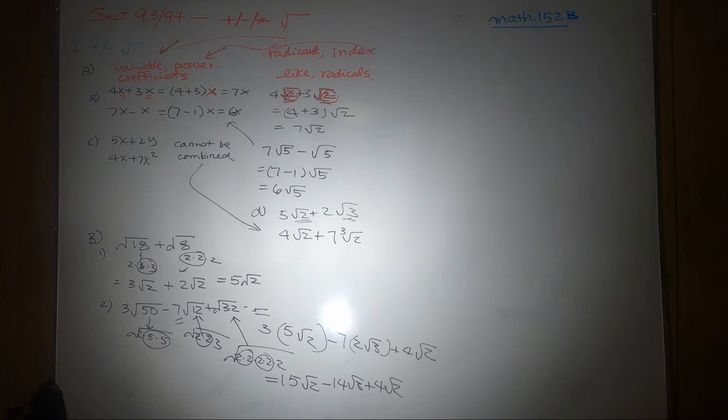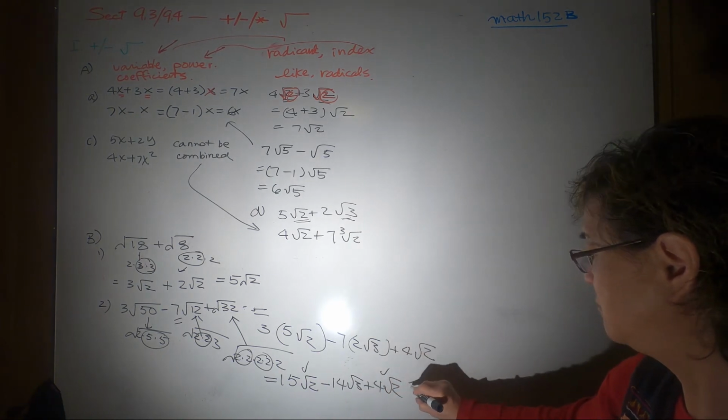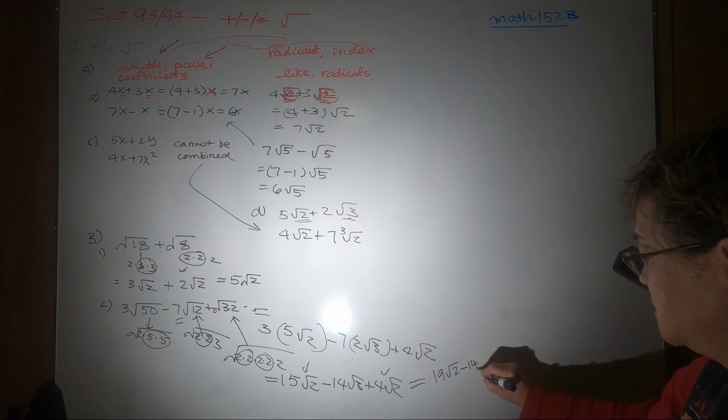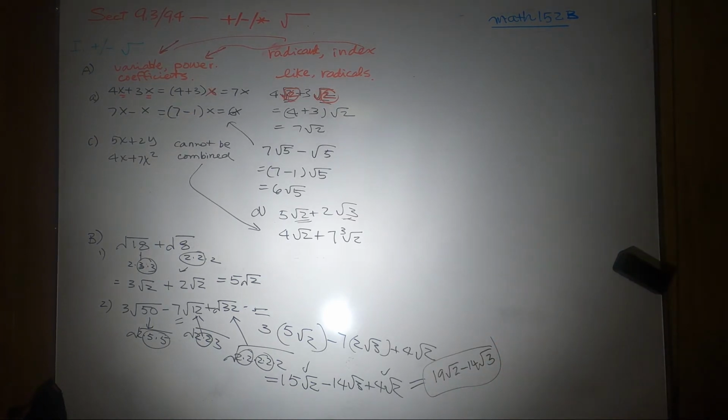So we have like terms. That would be those. So that would be what? 19 square root of 2 minus 14 square root of 3, right? That's how we combine like terms. So first, remember to simplify them.